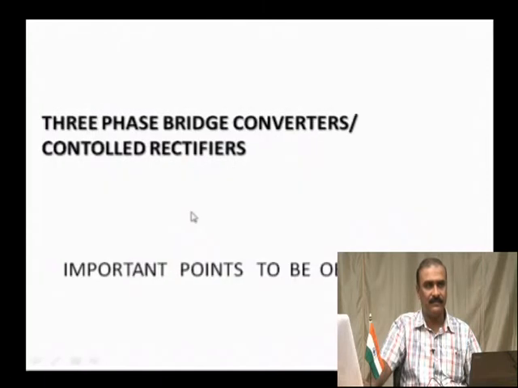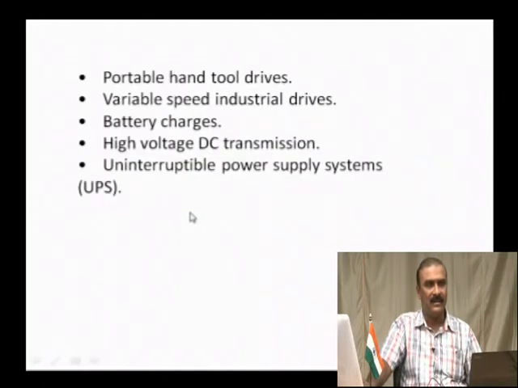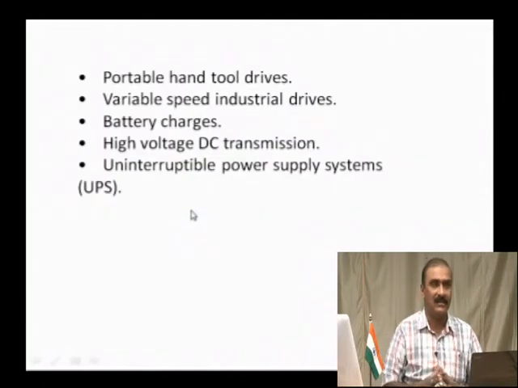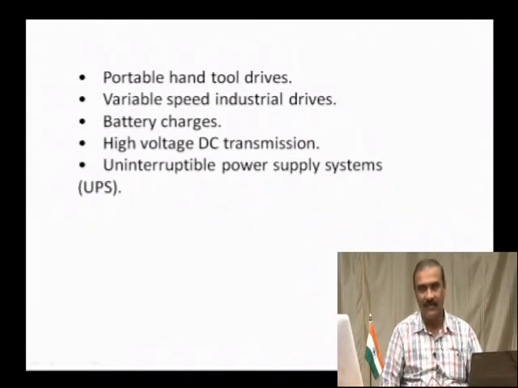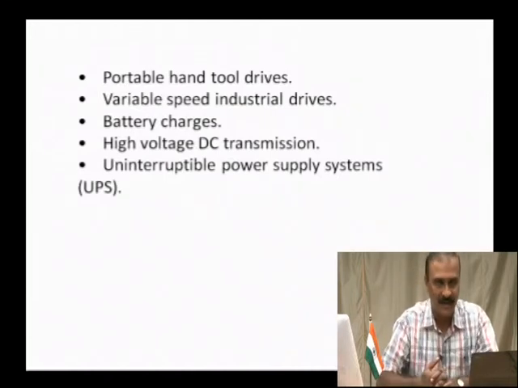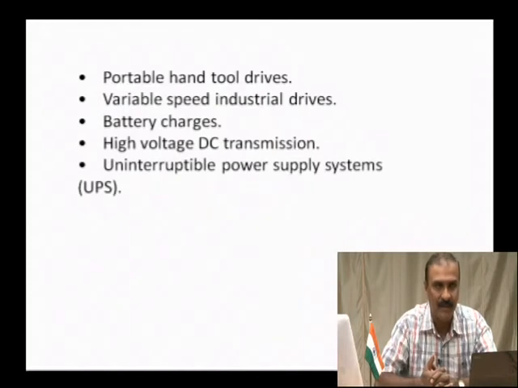Now, when I speak of the industrial application of controlled rectifiers, suppose you use a DC motor in an industry for speed control and connect it to this controlled rectifier. Without a controlled rectifier, the motor runs on a load.